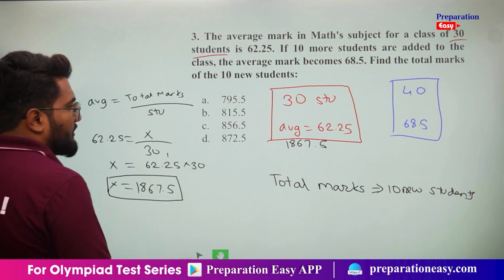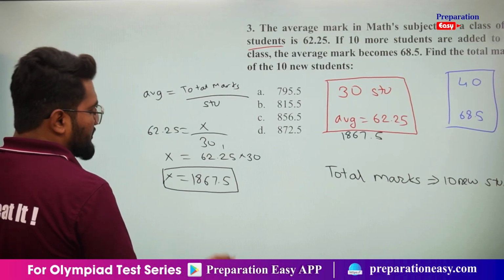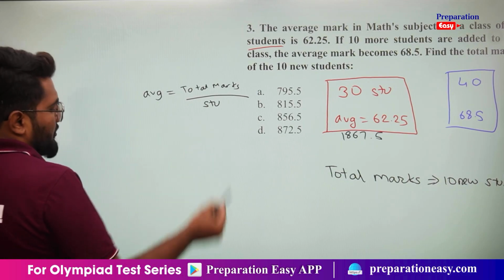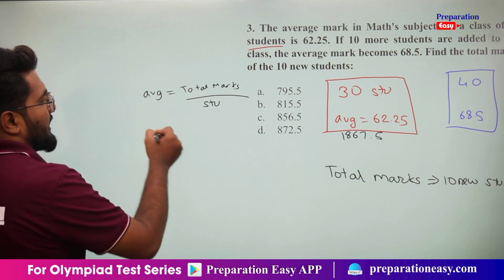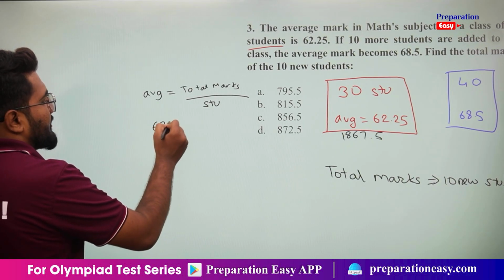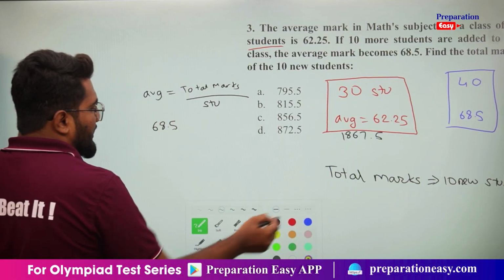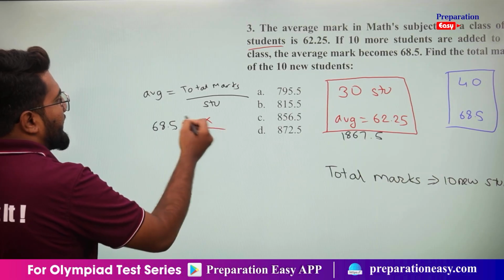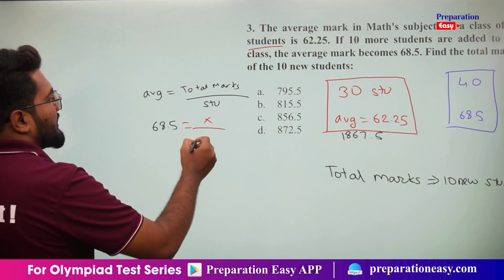Now we will calculate the same for 40 students. Formula will be the same. Average is 68.5. Total marks we don't know, so let's consider X, and students are 40.